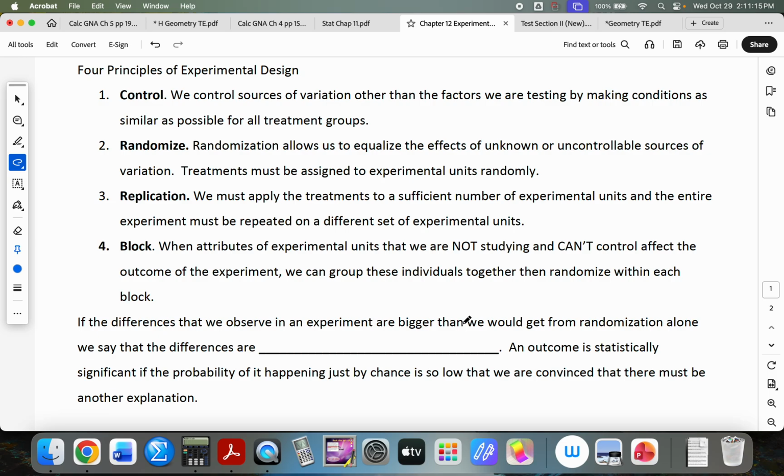Or if you are testing, let's say, a blood pressure medication, I keep coming back to that one, but let's say we're doing that. So maybe what you want to do is block people by how high their systolic blood pressure number is. So people with over 150, people between 130 and 150, and look at each of the groups to see how they respond to the medication.